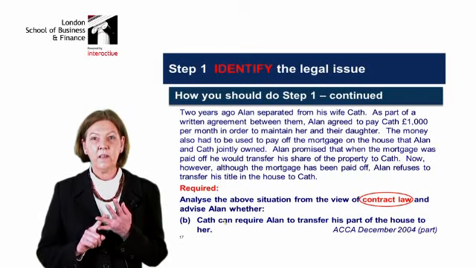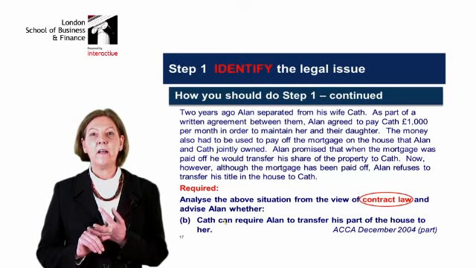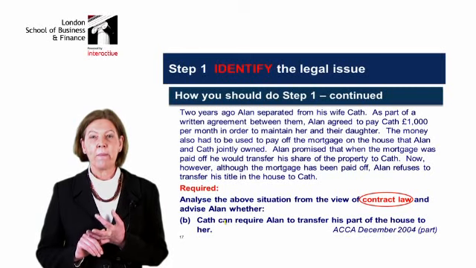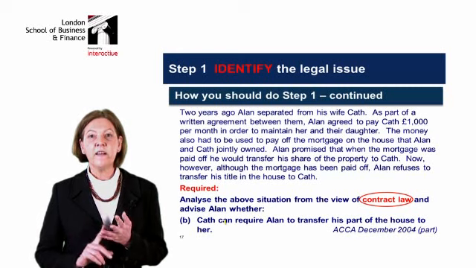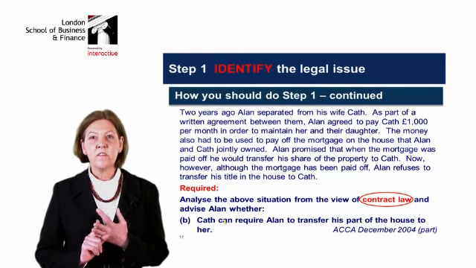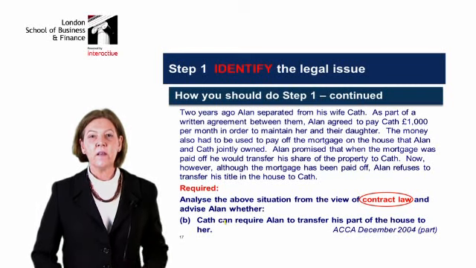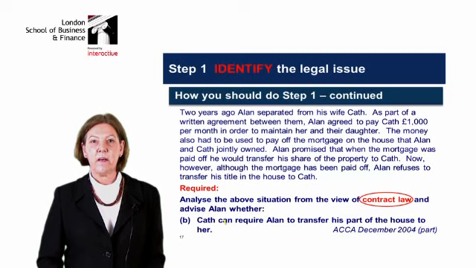Or it could be about consideration. Or it could be about intention to create legal relations. So we now need to read the scenario to find out which of the three the question is about. So read the scenario and see if you can work out which of the three the question is about.